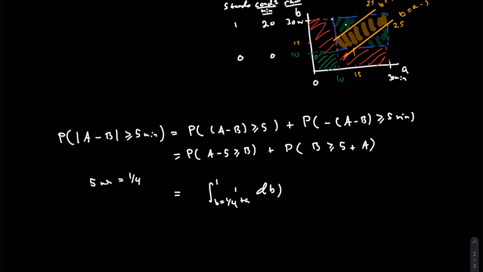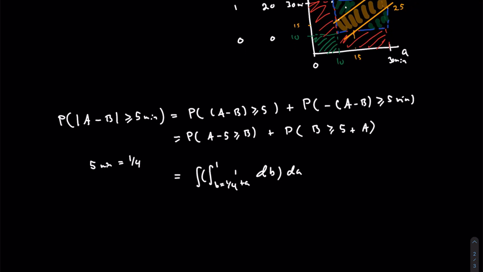Integrate over B. And then the outer region over A, this triangle moves in this direction, and exactly these definitions hold for A here as well. So it goes in this direction up to 25, which is 3/4, and it starts at 0. 0, 3/4.